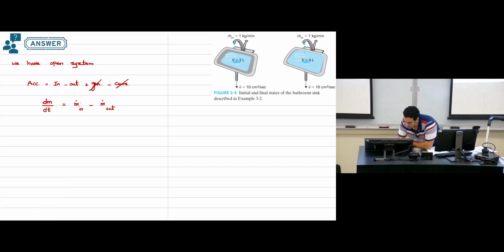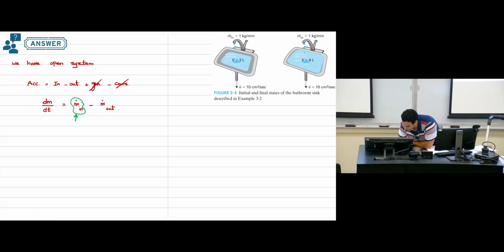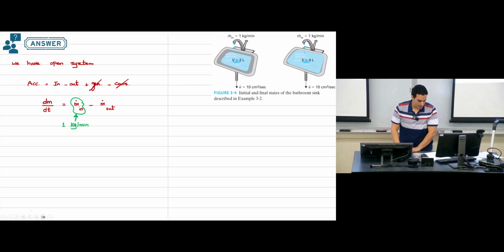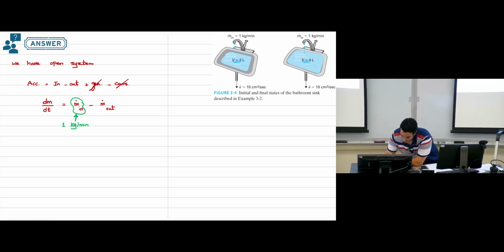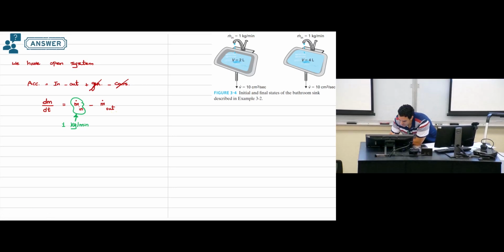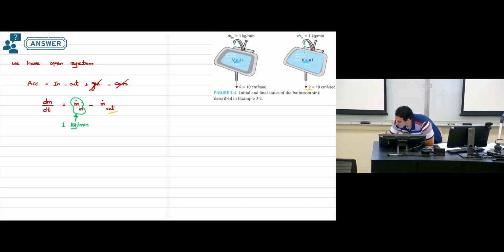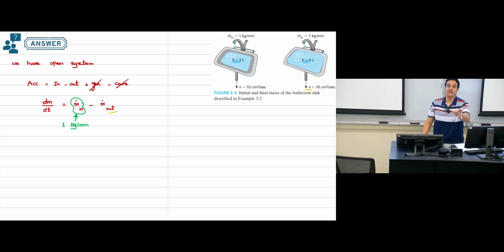Let's see what we have. The inlet mass flow rate is given: 1 kilogram per minute. For the outlet, we know the volumetric flow rate, but we need the mass flow rate of the outlet.